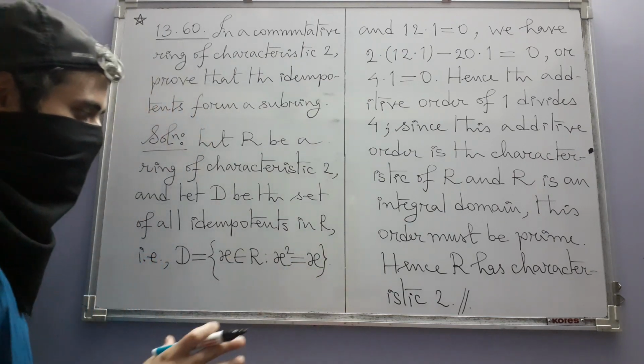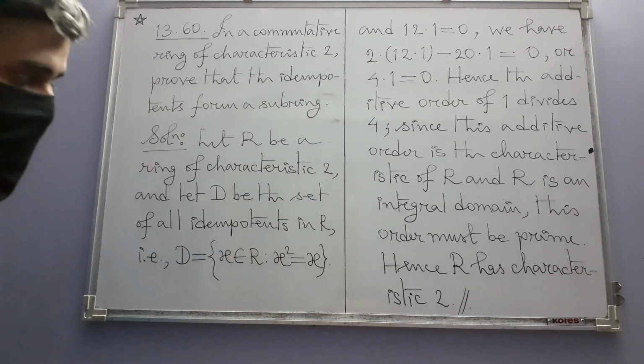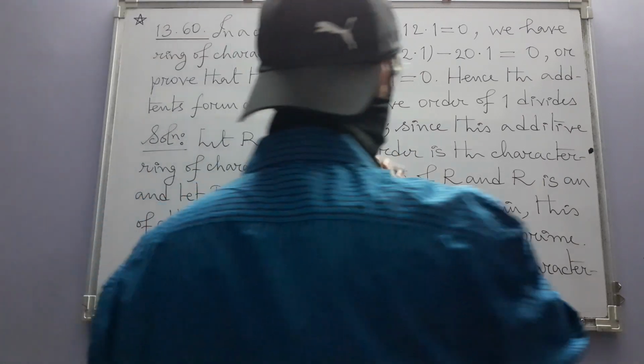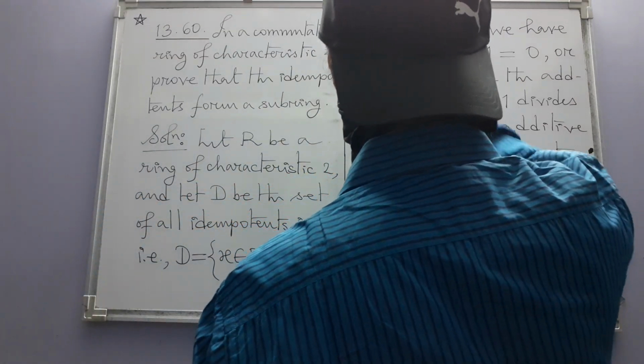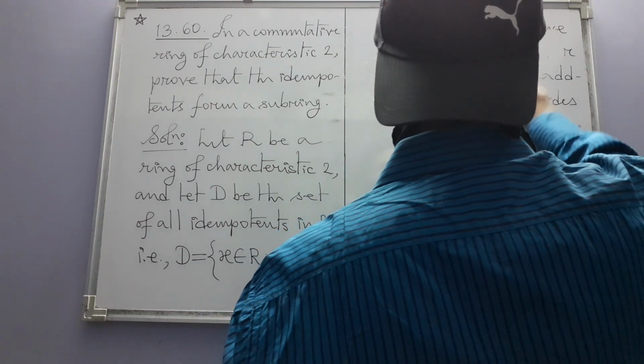That is the definition of an idempotent element. Now we have to prove that this D is a subring of R. That is, under the operations in R, addition and multiplication, D itself forms a ring.